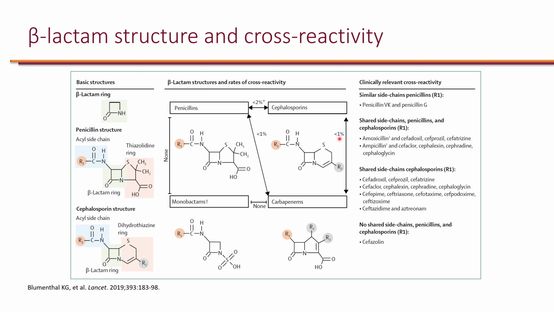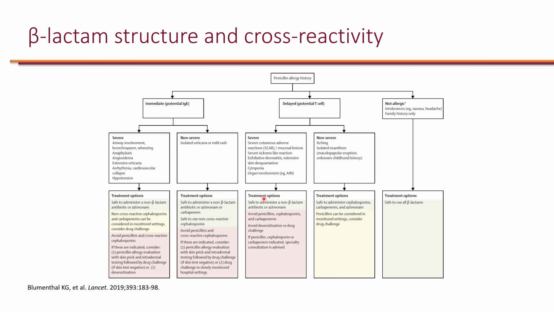Now, we have to keep in mind that in general, there is limited data on cross-reactivity when it comes to carbapenems and monobactams, because the majority of beta-lactams that we use clinically are penicillins or cephalosporins. So we have much more data for cephalosporins and penicillins, less so for carbapenems and monobactams, of which the only one in the US is aztreonam.